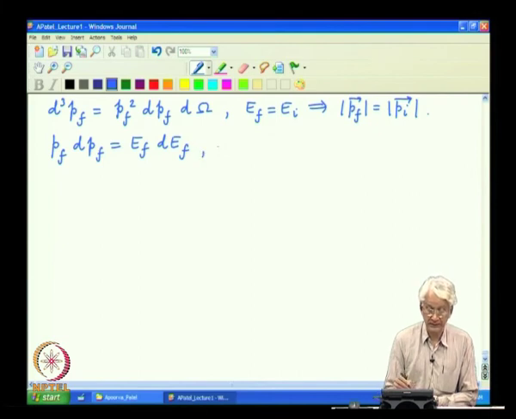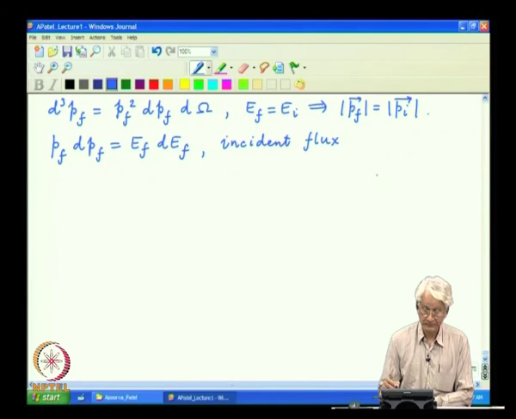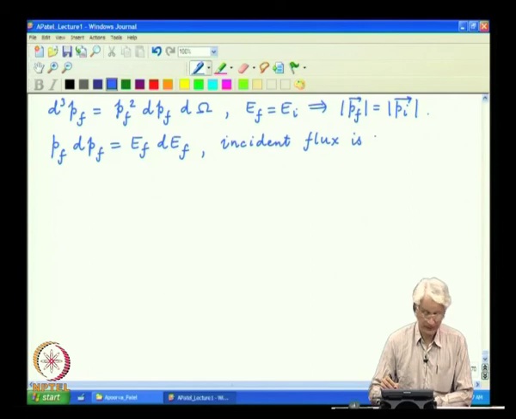And one more thing which is needed to convert this literally into a cross section is to normalize the incident flux from our plane wave convention to the number of particles which come in. That depends on the velocity of the particle, how many of them will enter a unit volume, and in relativistic dynamics this is nothing but the ratio of momentum to energy.